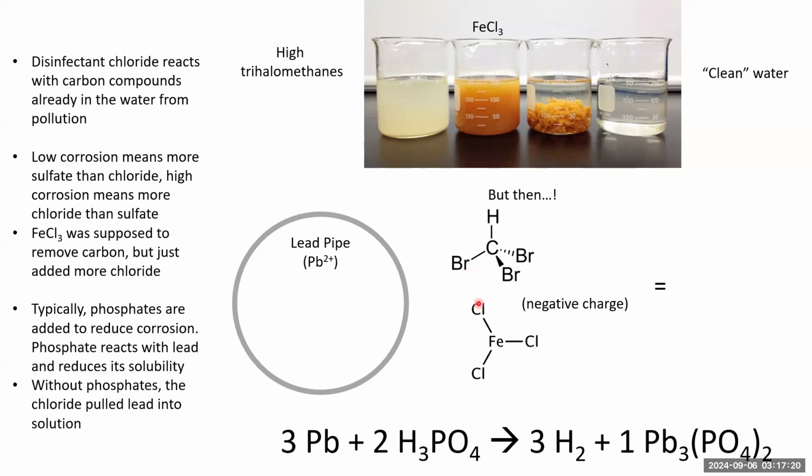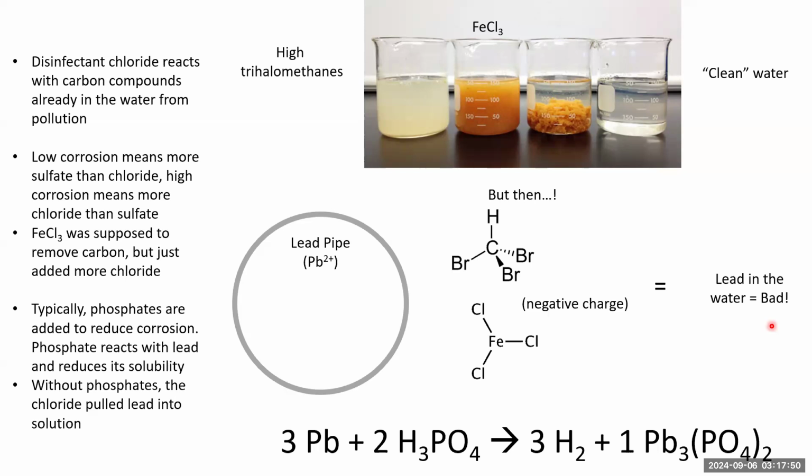The problem is that, so if this is our trihalomethane, bromine, all sorts of halogens, what group is chlorine in? It's also a halogen. We just added more fuel to the fire by doing this. They tried to get out the cheap way, and they just led to more lead in the water. So this is what happens when you try to cut corners at the municipal level.